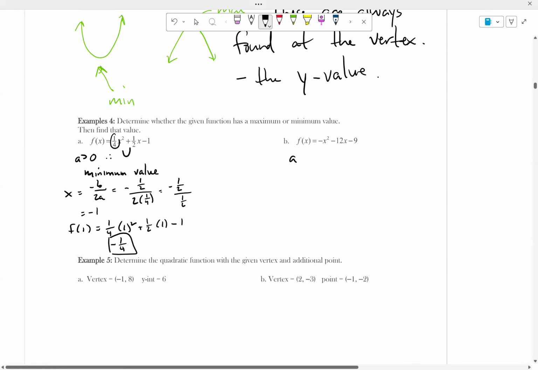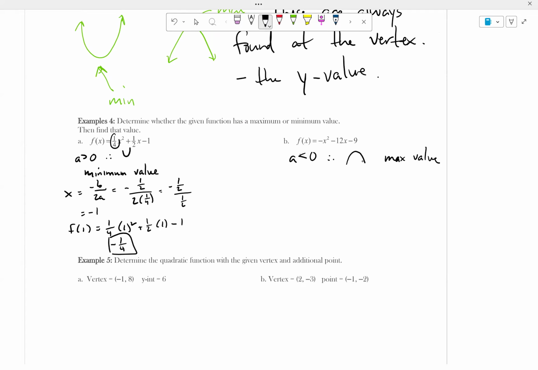For B, we see that A is less than 0. Therefore, we have a parabola that's looking like this. It has a maximum value. I could find that out the same way.